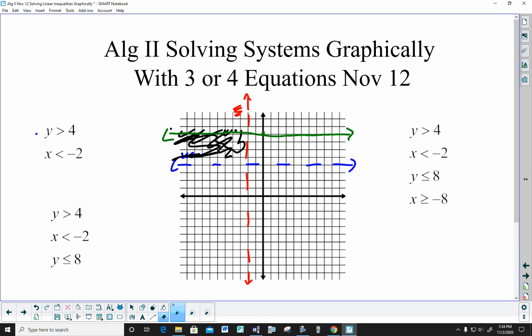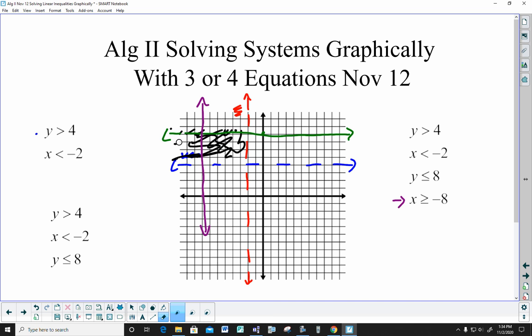Well, what if you had 4? Well, it's the previous 3 with now the addition of this one. That's a vertical line at -8, 2, 3, 4, 6, 7, 8. Okay, it's going to be a solid line. And this one says shade everything to the right, greater than. So you're shading this side. So that means this junk out here doesn't go.